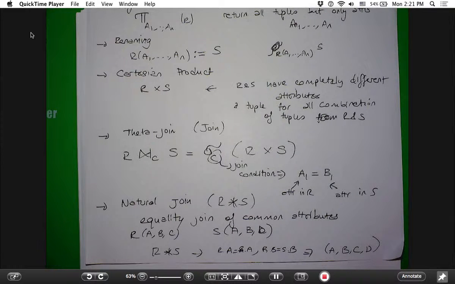So let's say you have a tuple in R whose A doesn't equal the A of a tuple in S, that does not give you a new tuple, right? Okay. Well, let's do a very quick example.